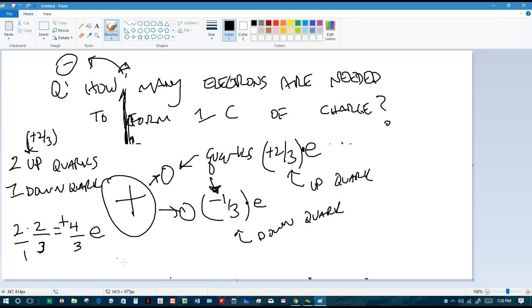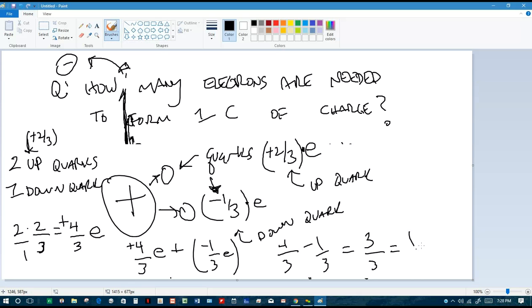So if you have a positive 4/3 E, and then add to it a negative 1/3 E, what overall charge do you get? What is 4/3 minus 1/3? 3/3, which we just call 1, right? Yeah. 1E. Does that make sense? Yeah. That's what a proton is made of.